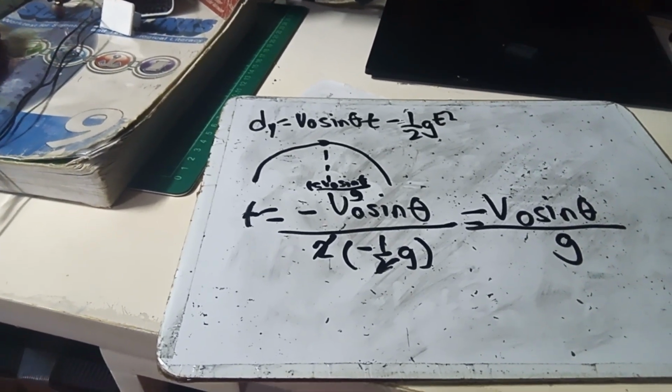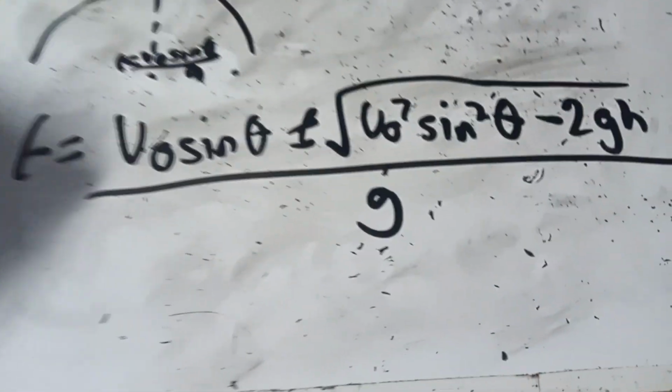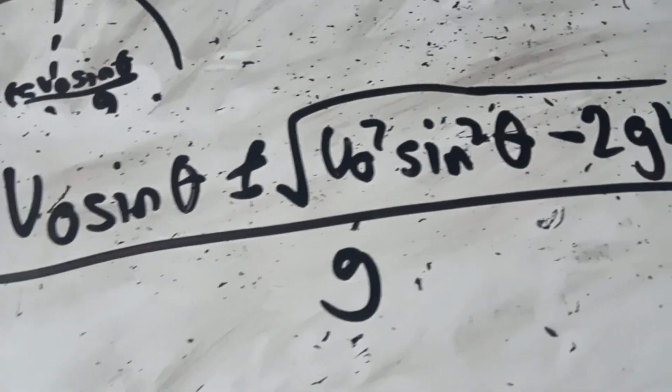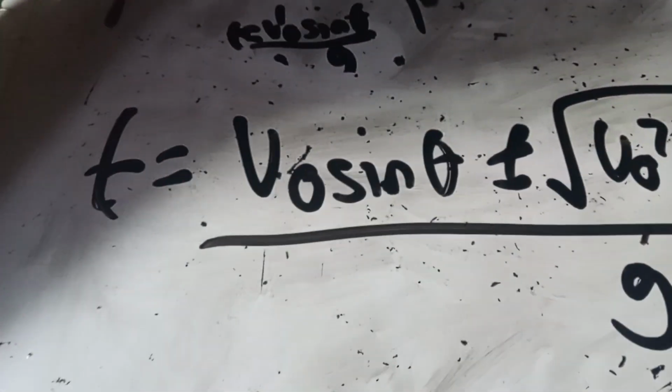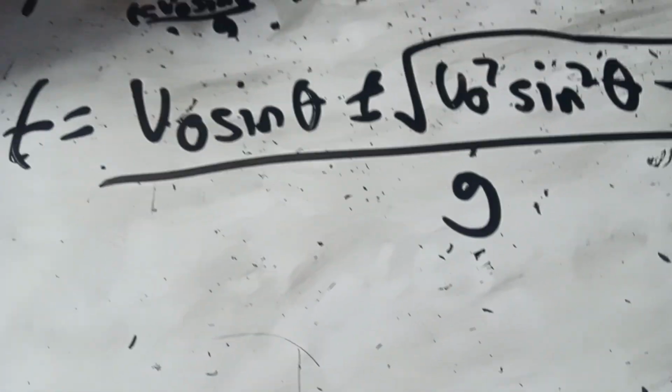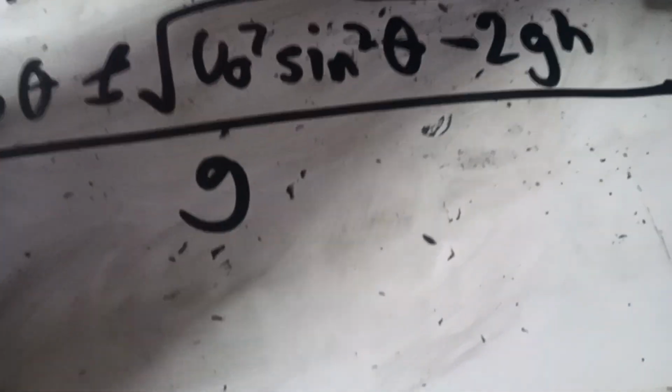So going back, we will now get the formula for the time where the projectile is at 0. Since our height is 0, the negative 2gh will be eliminated.